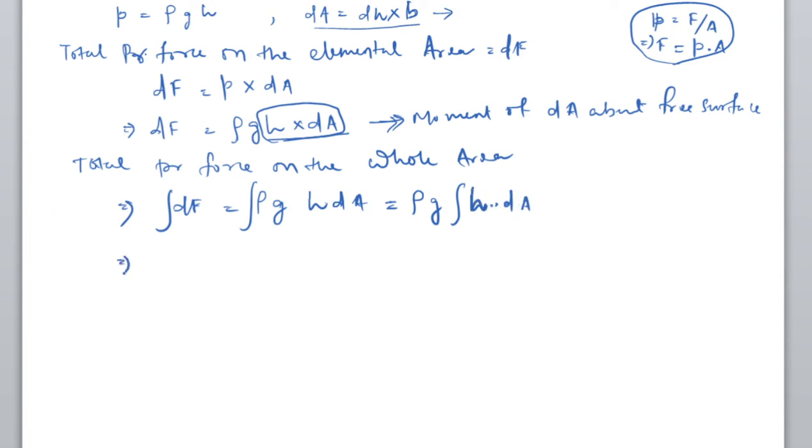So F is equal to rho g times the integral of h dA. As I said, h into dA is the moment of dA about the free surface. Keep it as equation 1.